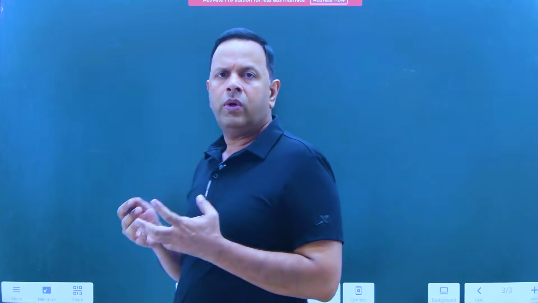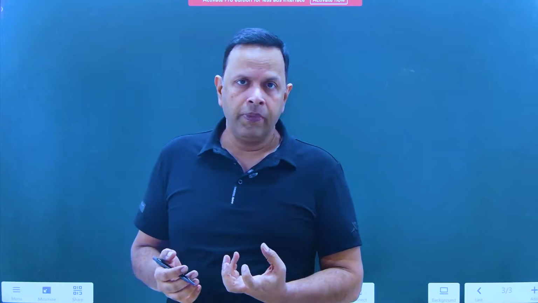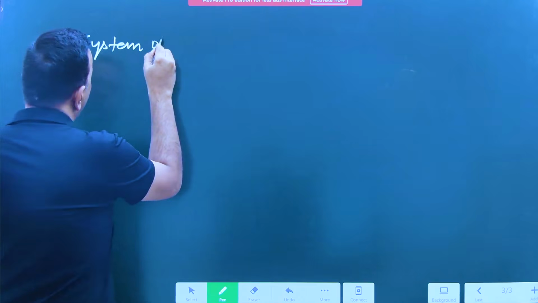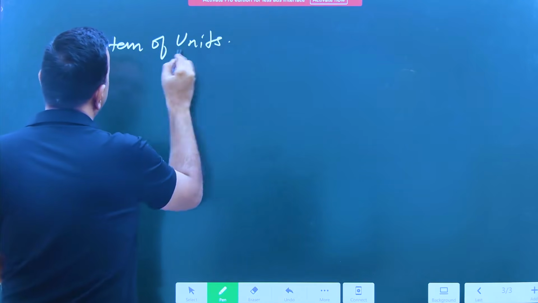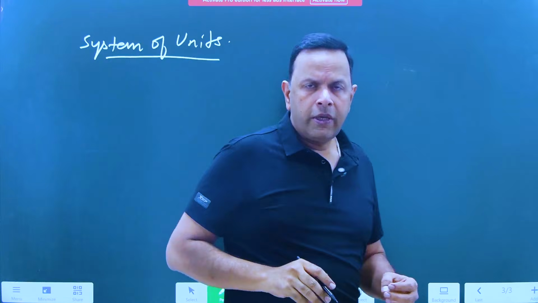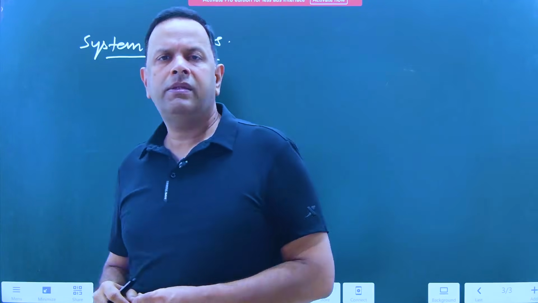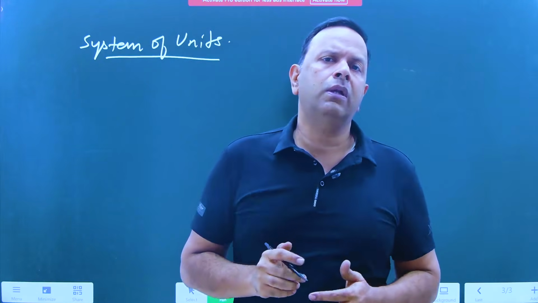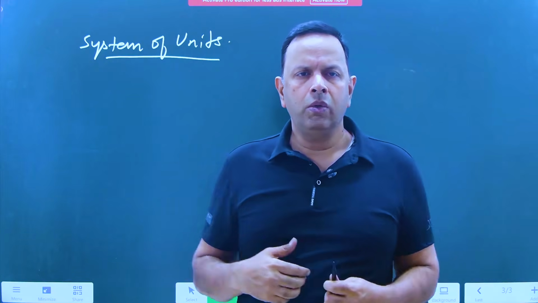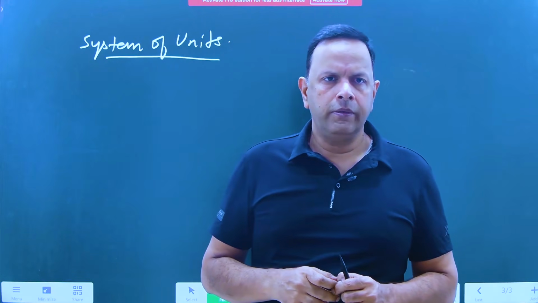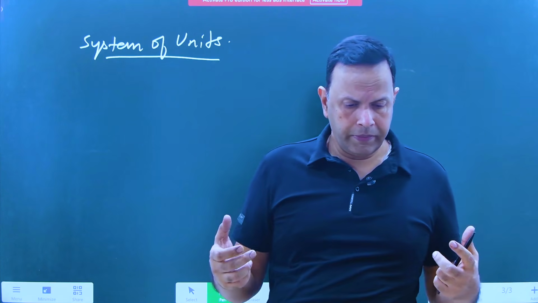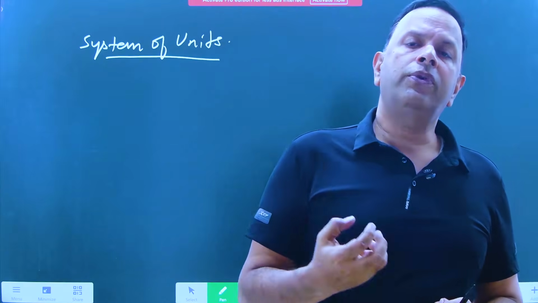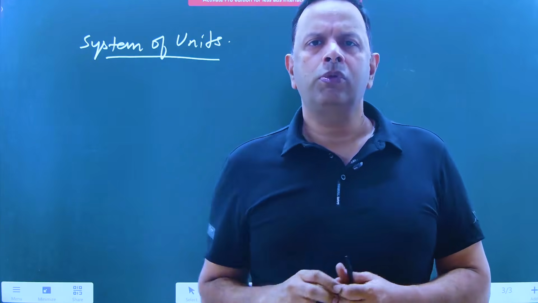Now see, there is one term we call the unit, and then there is one term we call a system of units. Okay, what do we mean by system of units? See, if you talk only about one physical quantity, suppose we are doing a meeting and I say that let's all decide that for the distance we will be using the unit of a meter, and by chance suppose you people also agree.